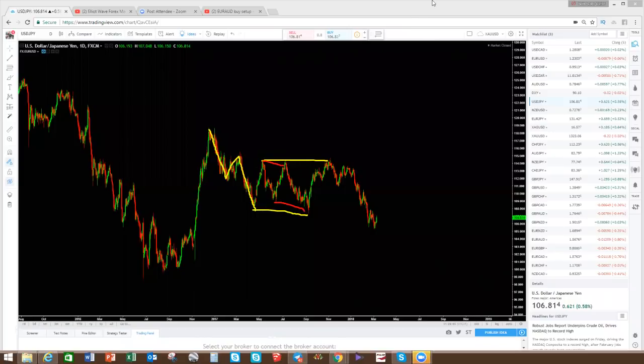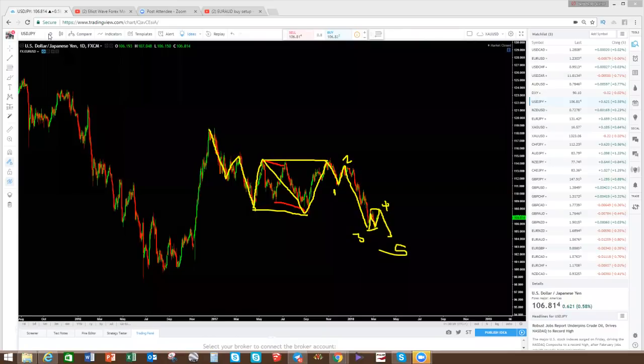Outside it's a 1, 2, 3, and now you're getting something very interesting: a 1, 2, then a 1, 2, 3, expecting a wave 4. Then you're going to get a 5 that will take you right into the 104 area, our sweet spot. So any move on US dollar JPY now will be just a 4th wave, then 1, 2, 3, 4, 5.